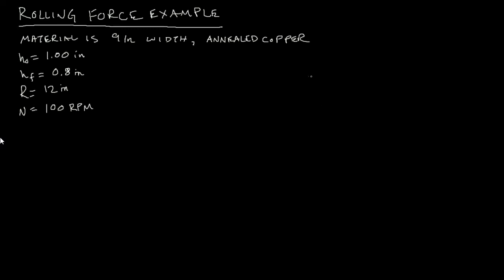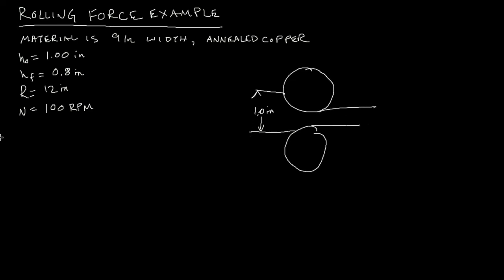All right, so let's just draw that here. So we have a roller there and another roller here. It's a flat roller. So the material is 1 inch here, and it's going to be squished down to 0.8 inches in one go.